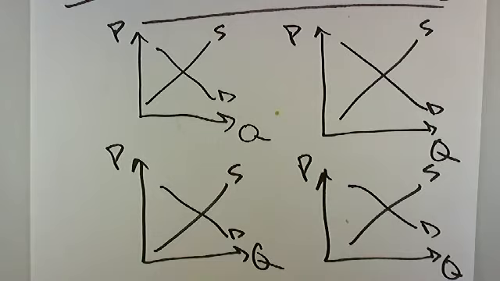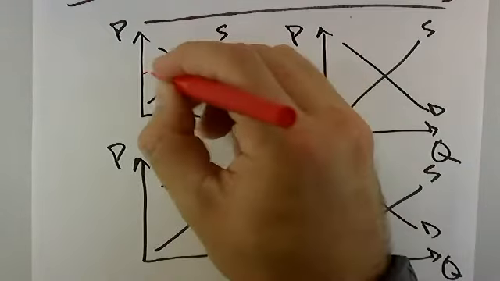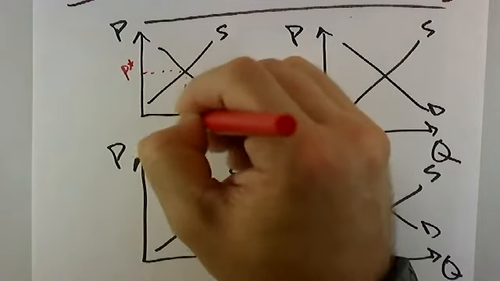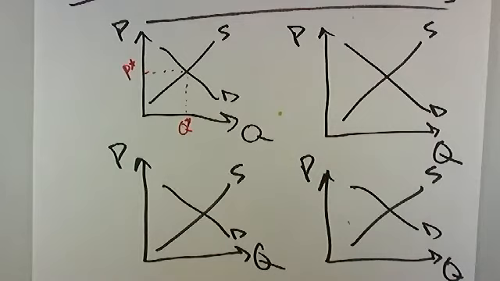When we have single shifts, we can understand something about what's going on with the equilibrium. So we start out and we label it P star and Q star, to let us know that that's our initial equilibrium.